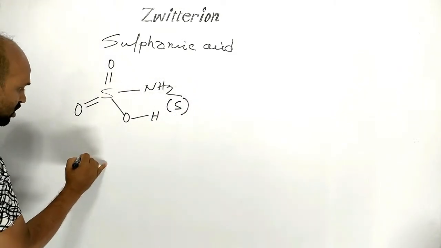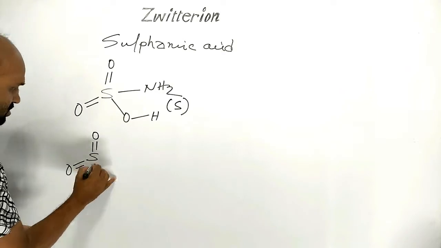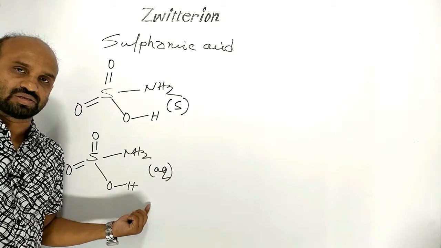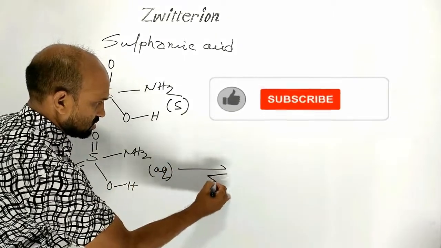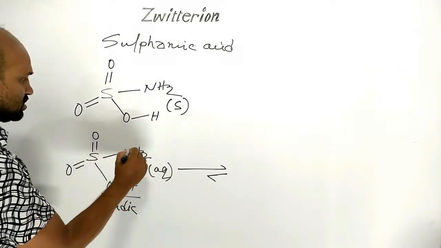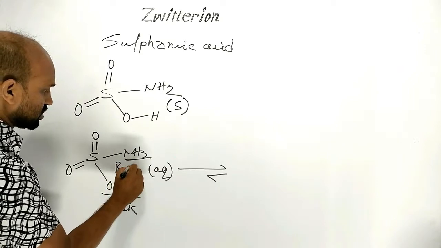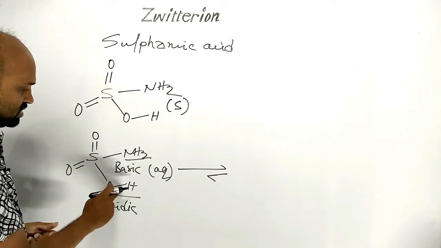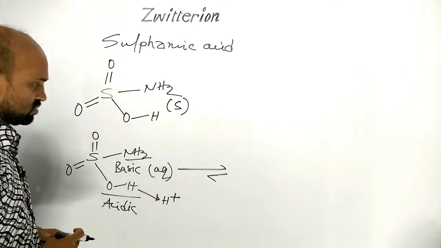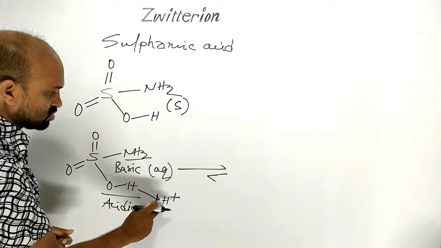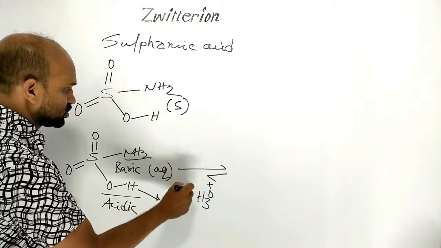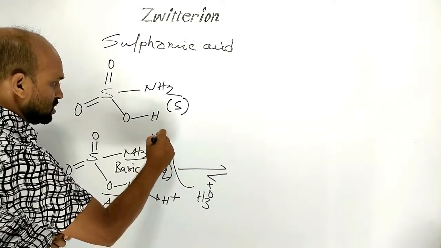When it is dissolved in water, then we get an aqueous solution of sulfamic acid. Here this is the acidic part and this one is the basic part. From this acidic part, this hydrogen gets freed as a proton, which combines with water to form hydronium ion that moves to the amino group.